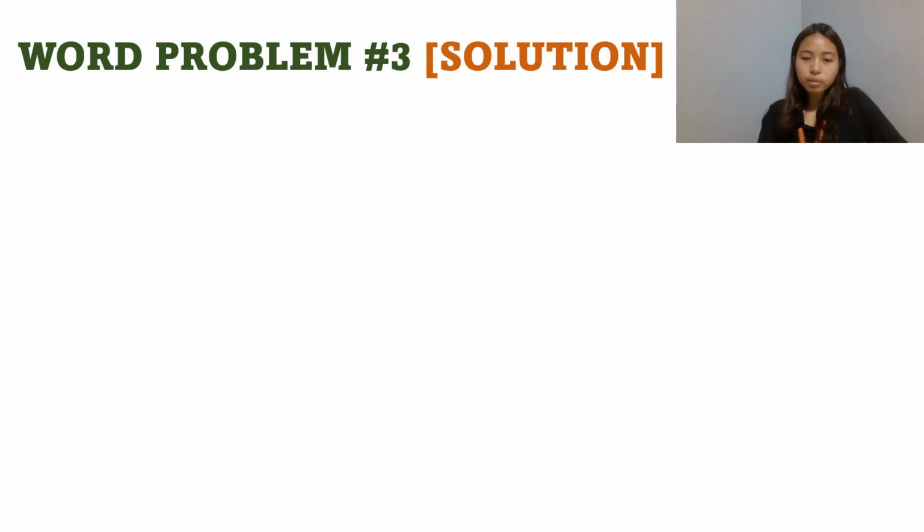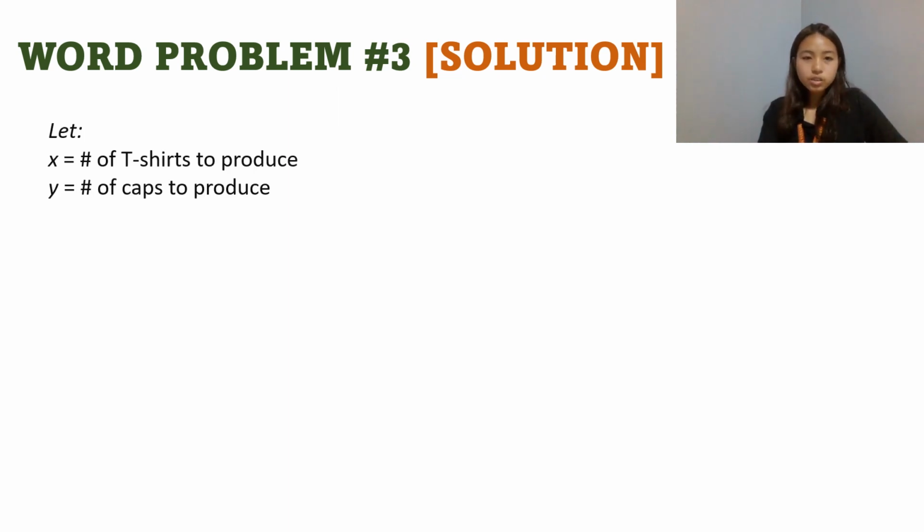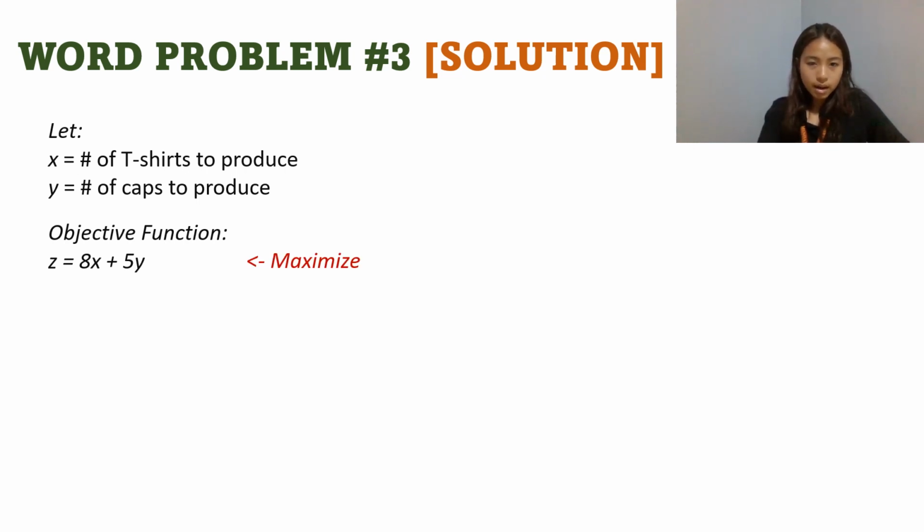So this is our word problem number 3 solution. These are the decision variables. Let x = number of t-shirts to produce and y = number of cups to produce. Our objective function is to maximize the total profit z = 8x + 5y.